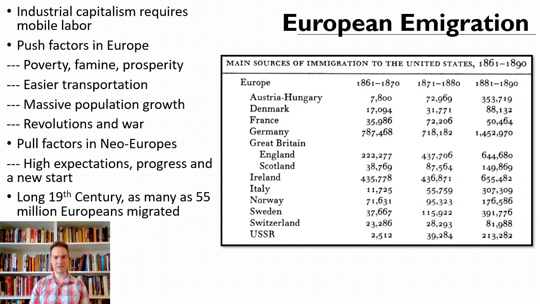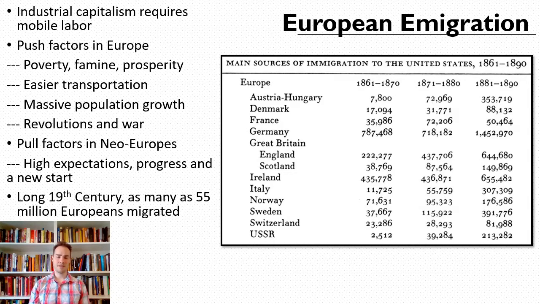So whenever you have migration, there's always two sides. There's something pushing you out of wherever you lived before, and there's something pulling you towards wherever you are going to go. The factors pushing people out of Europe during this time were pretty heavy. There was a lot of poverty in Europe. There had been a few famines.